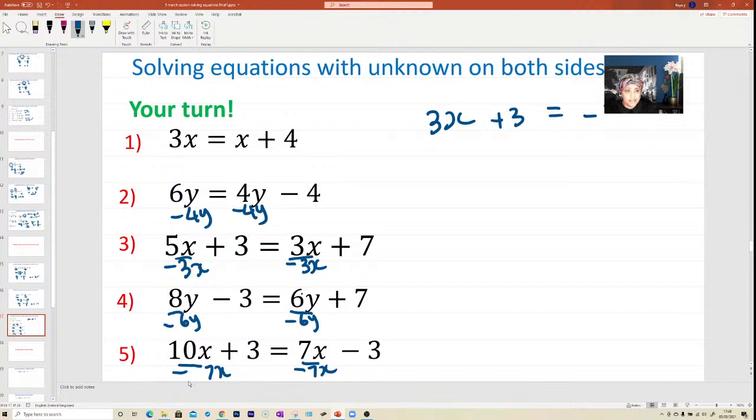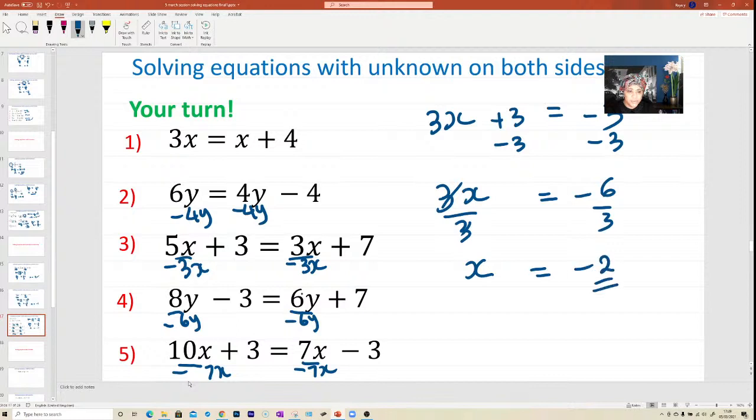And then we have a negative 3. Now we need to get rid of this 3, which is a positive 3. So take away 3 on both sides, okay? So 3x plus 3 minus 3 is 0. Take away, equal to negative 3 take away 3. That's going to be negative 6. Now we need to divide by 3 both sides. 3 divided by 3 is 1. So we got x equals negative 6 divided by 3, which is negative 2.